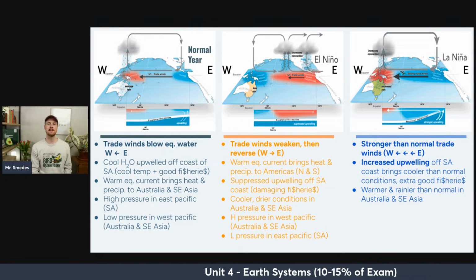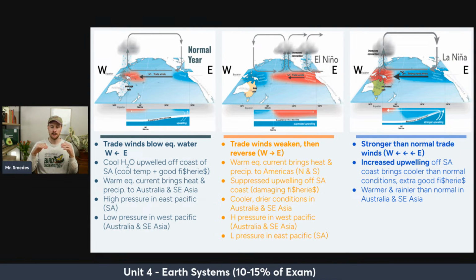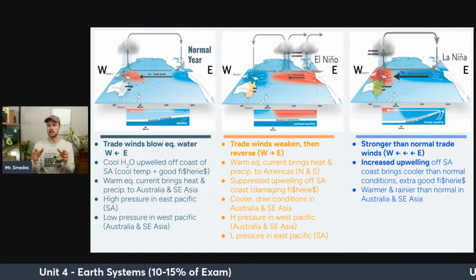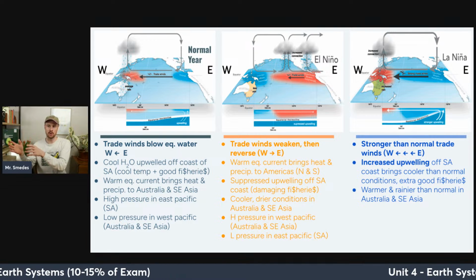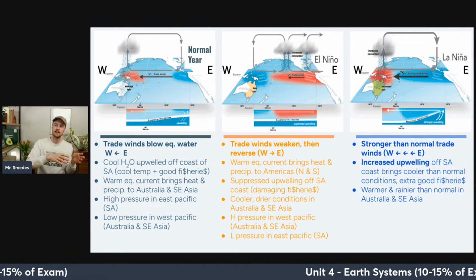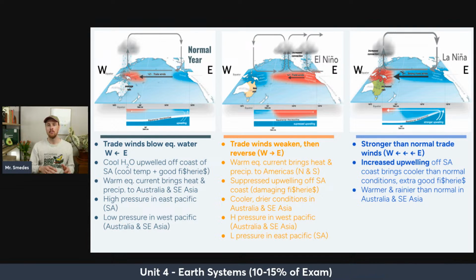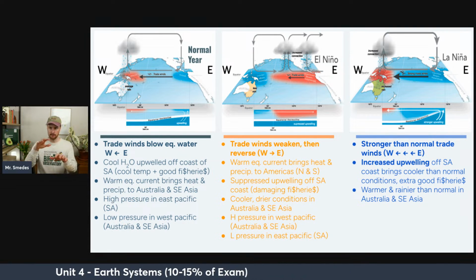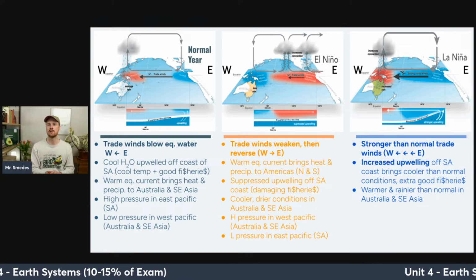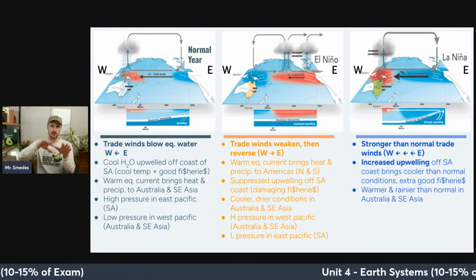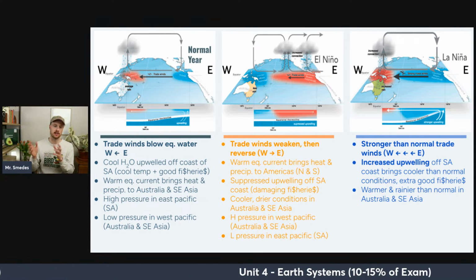Because what happens in El Nino is you get the reversal or weakening of the trade wind. So instead of blowing the warm ocean water from east to west, like happens in a normal year, and you can see in that diagram, we get the surface water kind of pooling up all this warm water off the coast of South America. And so it's concentrated over to the east in this diagram because the winds are weaker.